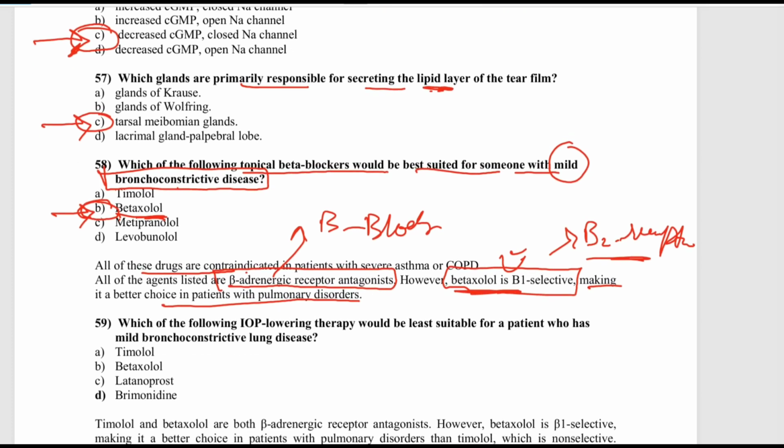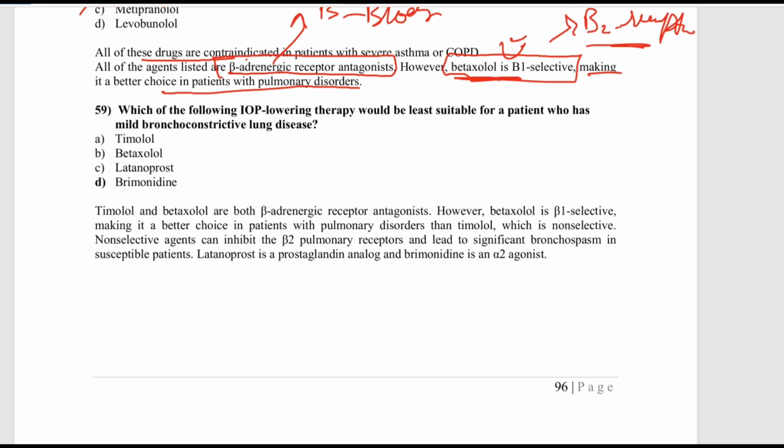So our next question is, which of the following IOP lowering therapies would be least suitable for a patient who has bronchoconstrictive lung disease? So that was the question. We looked at what we can use, and now what we cannot use.